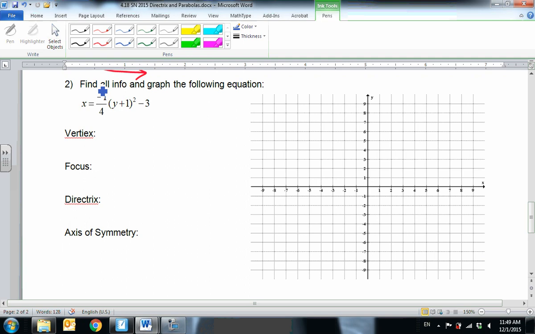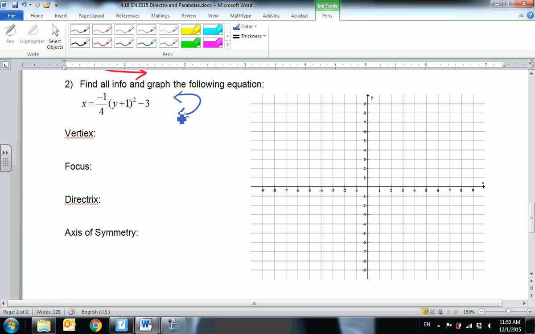Then look at your a value. Your a value is negative. So is this going to open to the right or to the left? To the left. So what I would highly recommend you do is draw yourself a little sketch right then and there to help you visualize everything. Okay? Because you've got to visualize which way is your axis of symmetry going, which way is your directrix going. It gets a little strange. Okay?